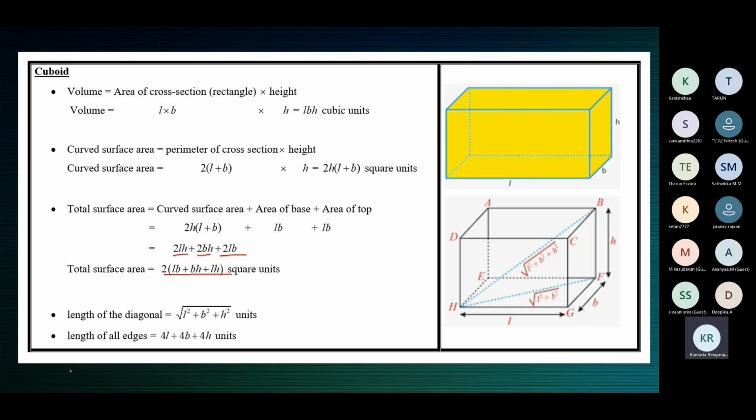Next, length of the diagonal and length of all the edges. In the case of a cube, all the edges have the same length, A units. So we said A plus A plus A 12 times, so 12A units. But here the edges have different lengths.